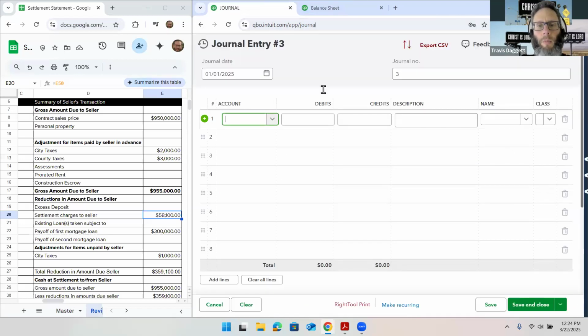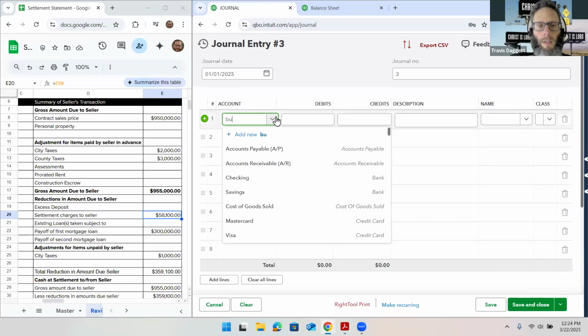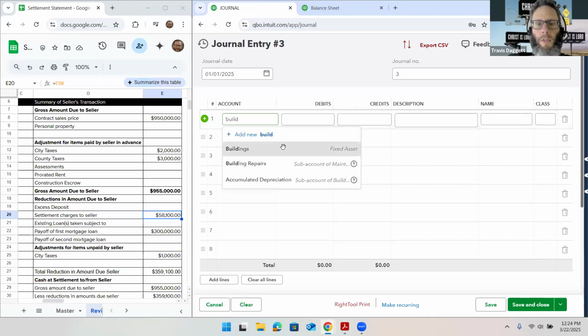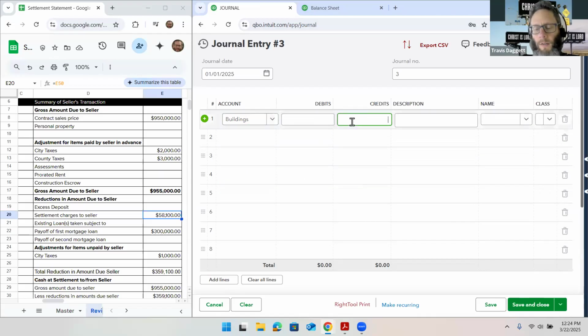So we know that's on the books at $400,000. Fixed assets have a debit balance, so we need to credit it. And we should be using classes if we have properties. This is 123 Main Street.